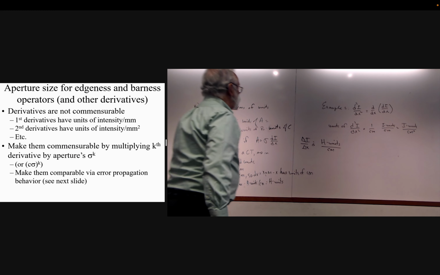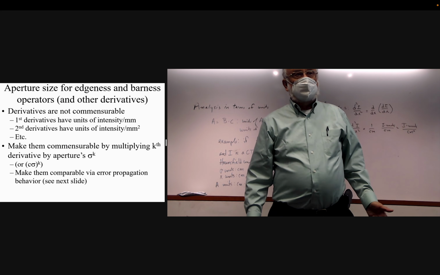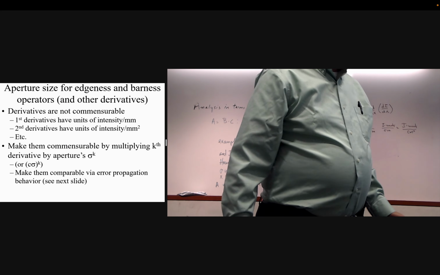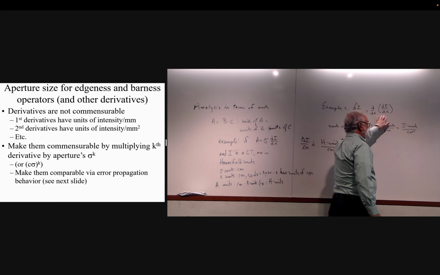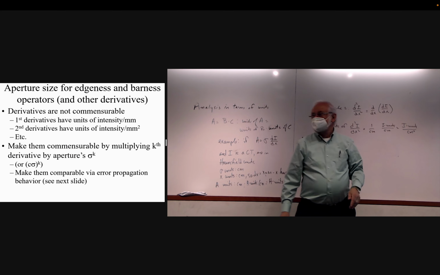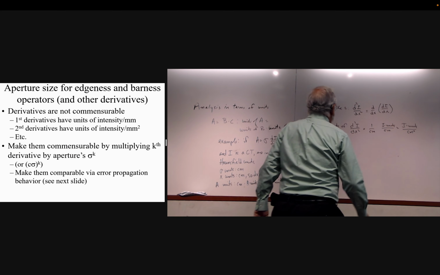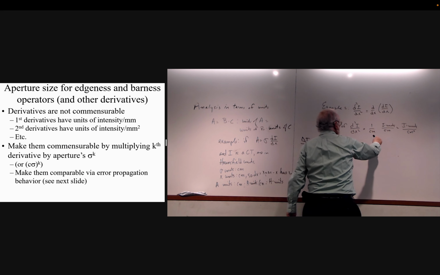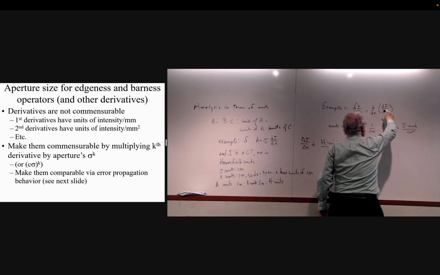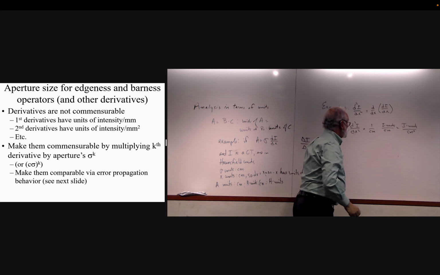Another example is the second derivative of an image. Well, the second derivative is the first derivative of the first derivative. Right? The d by dx has units of 1 over centimeters. It's got a 1 over delta x. We've already talked about that dI by dx is in intensity units divided by centimeters.